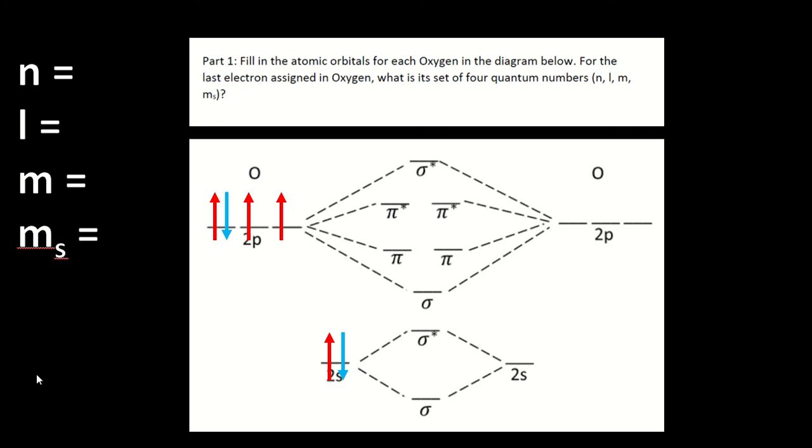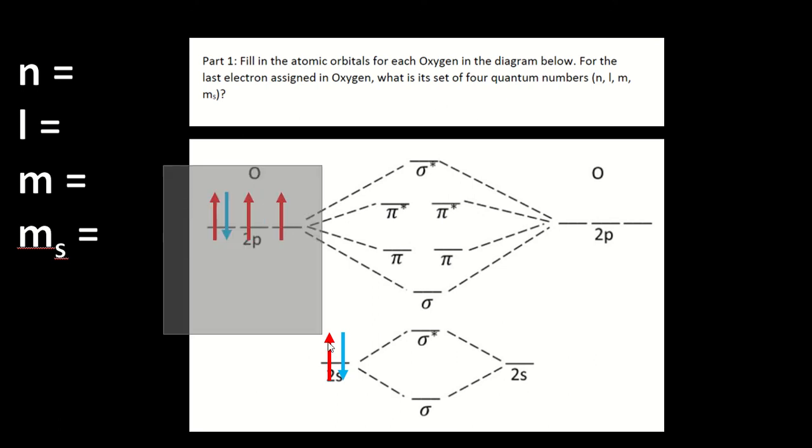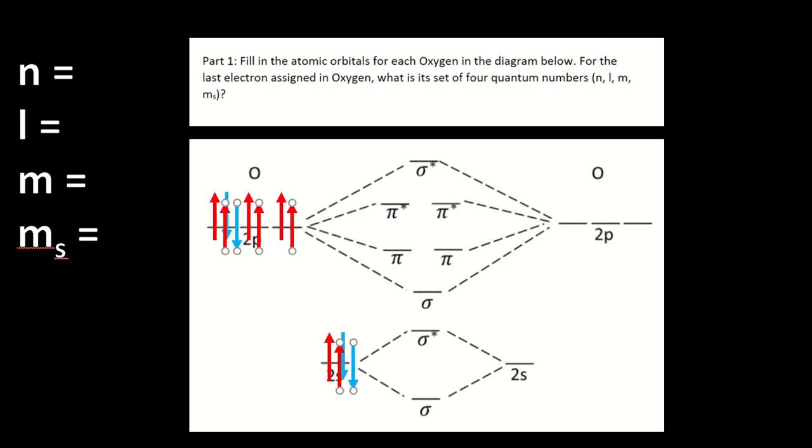Since on both sides of the molecular orbital diagram we're working with the same atom, I'm just going to copy all these over and paste them over here. And that completes the filling in of the atomic orbitals.